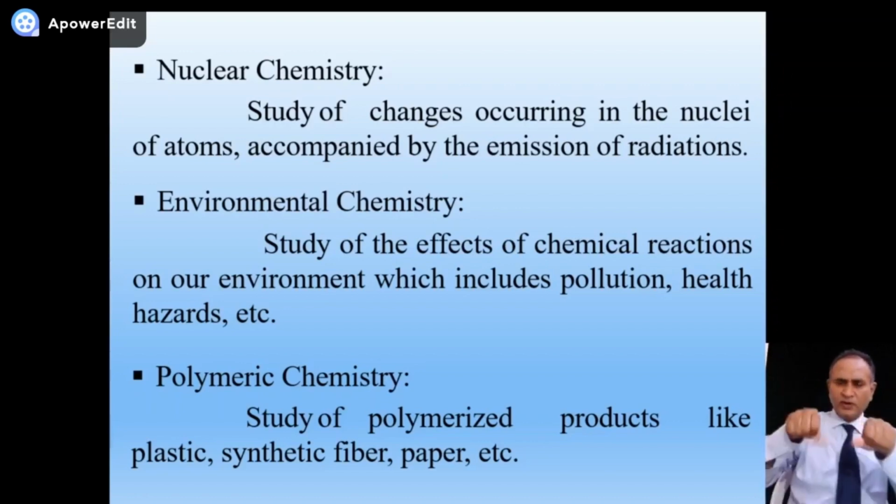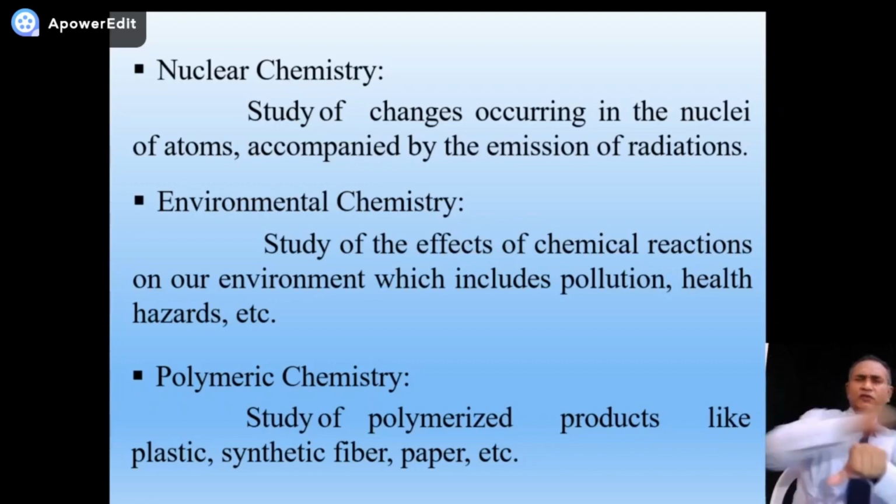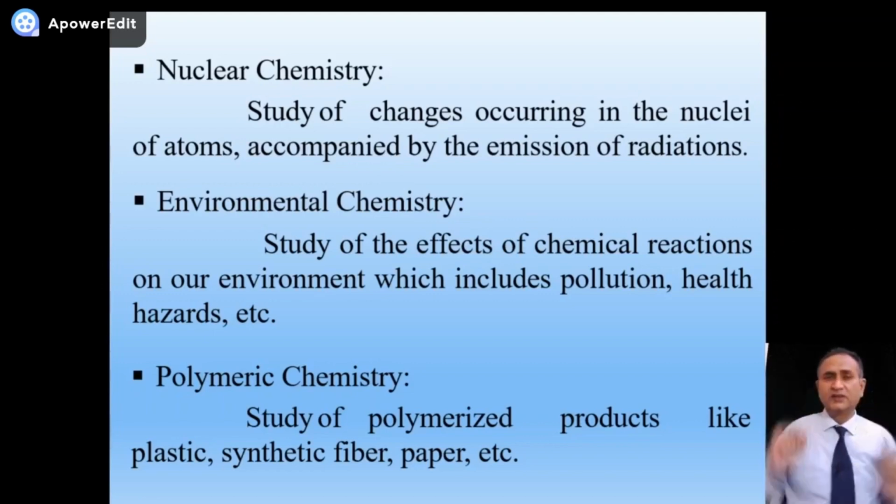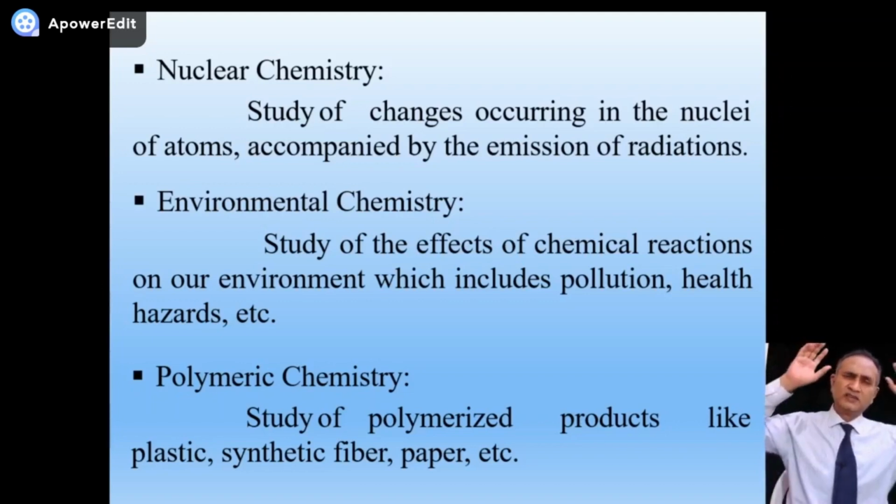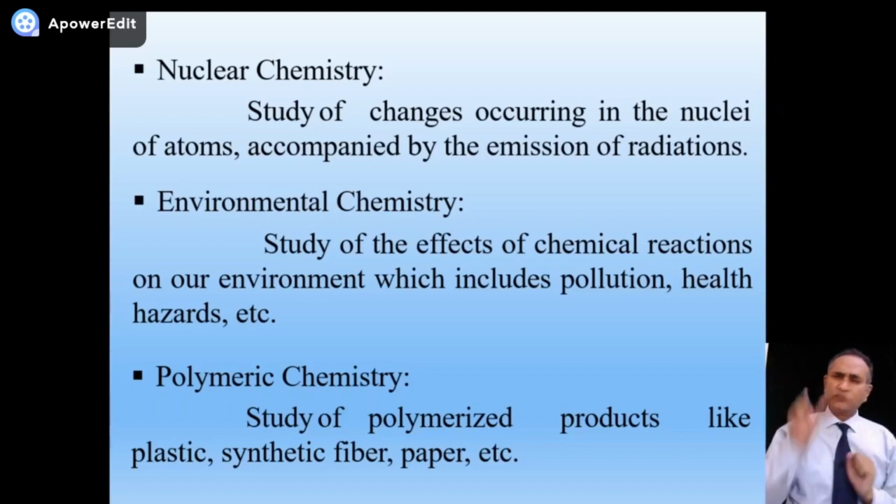So one monomer combines with another monomer, combines with the third one, the fourth one, the fifth one, like a chain. Hundreds and thousands. So small molecules, monomers, combine together to form a bigger molecule. This process is called polymerization, and the product is called a polymer, and its study is called polymeric chemistry.